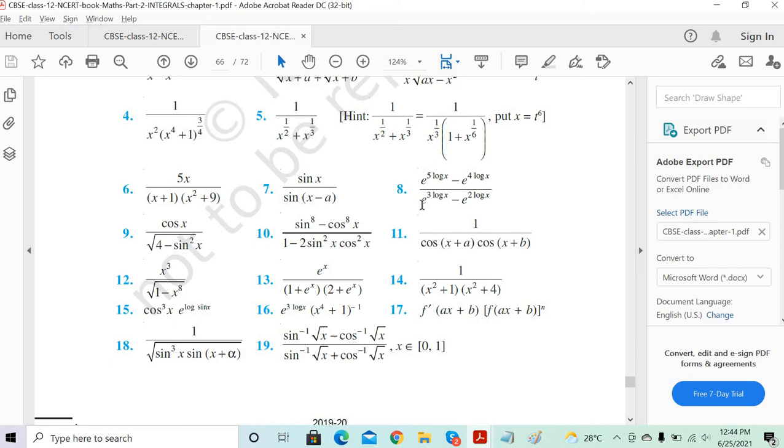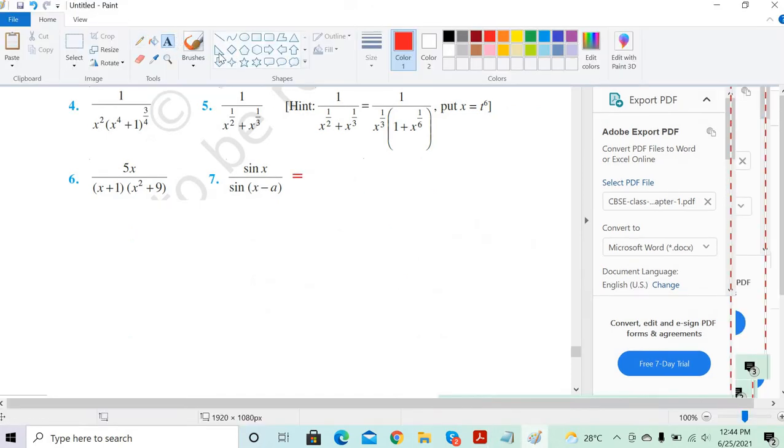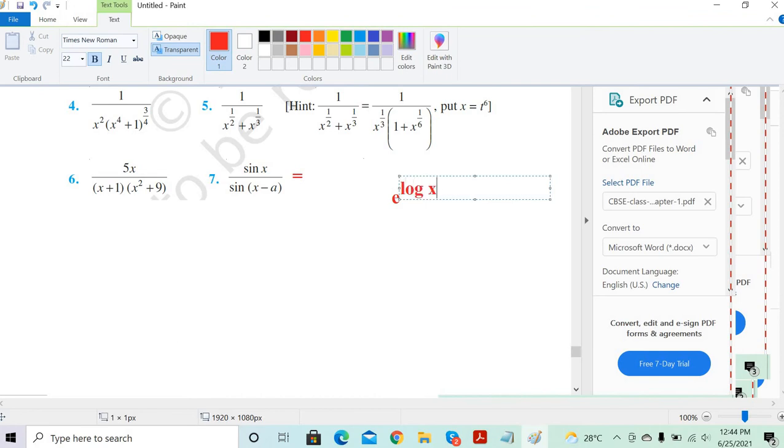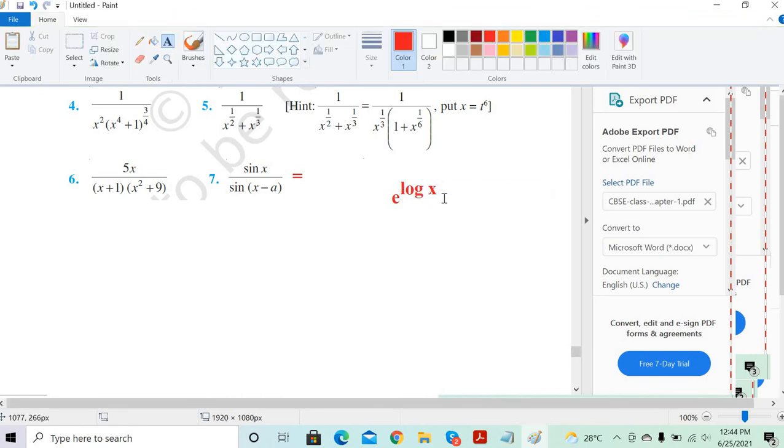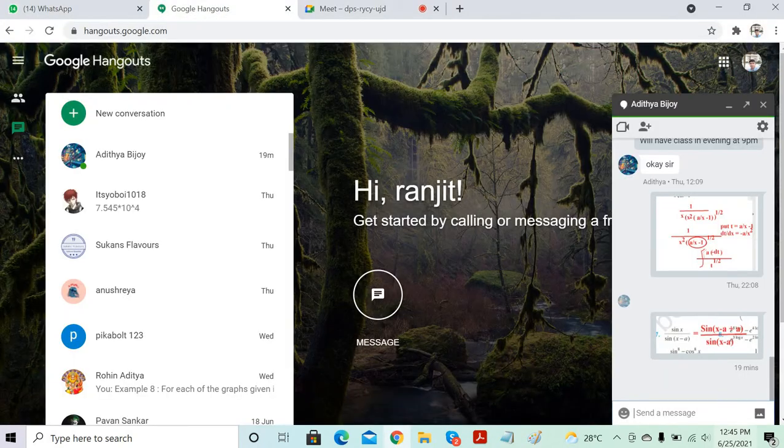Do that. And you should remember this formula only: e power log x is equal to x. You have to use it. If you use this formula, then you're done. I think you have to get back the same answer.